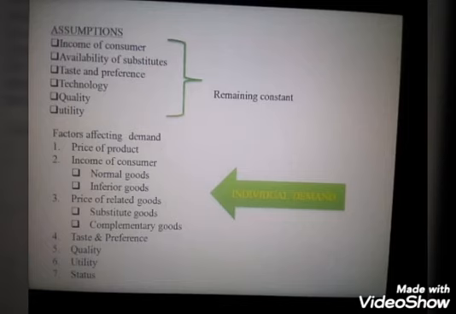Next, utility. The usage or the utility of the product also influences the individual demand of a product. Lastly, it is the status level of the people that has an impact on the demand of a product. So these are the factors influencing individual demand of a product.